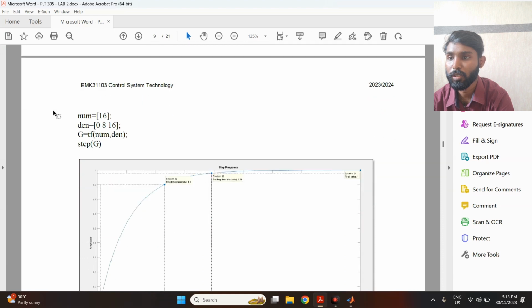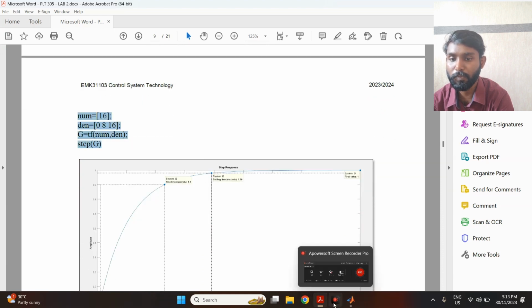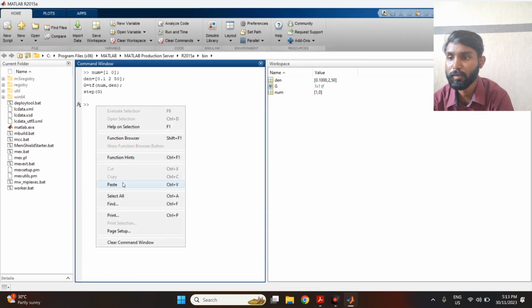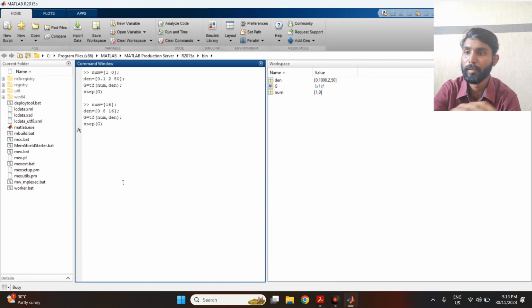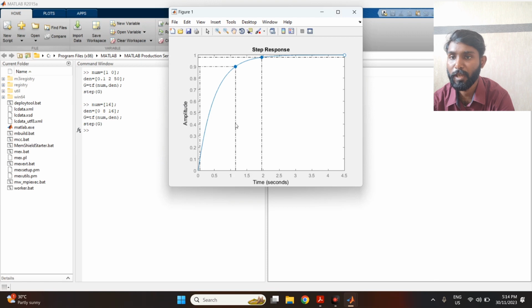So this is the command, and this is the characteristics: settling time, rise time and steady state.